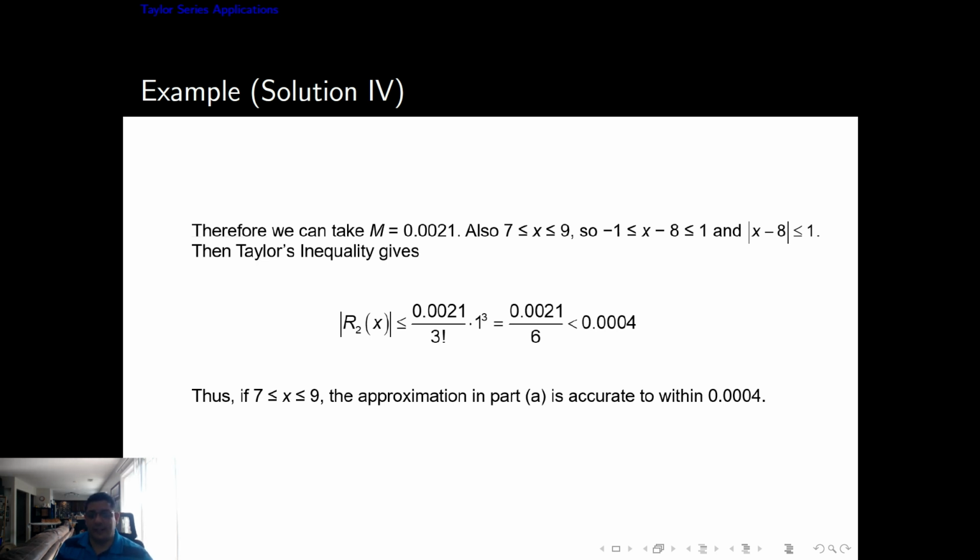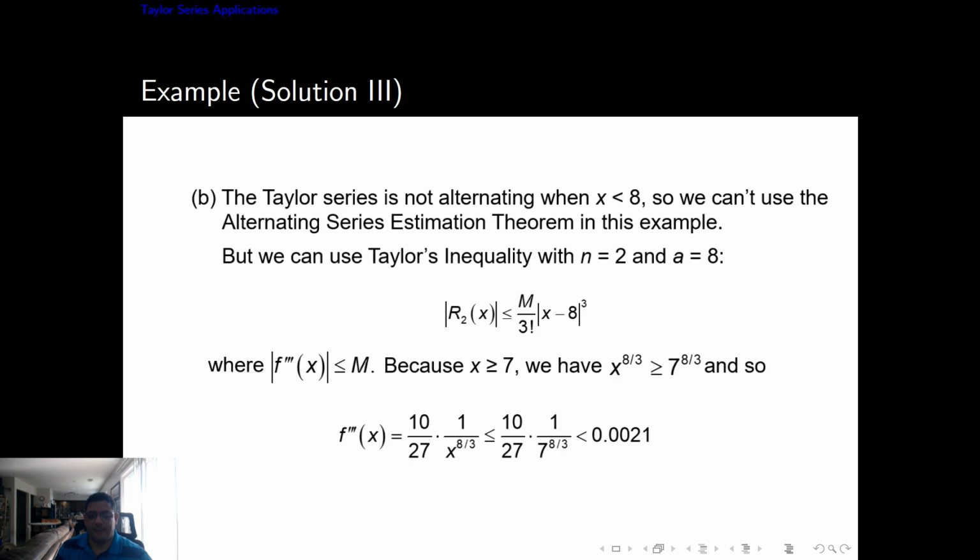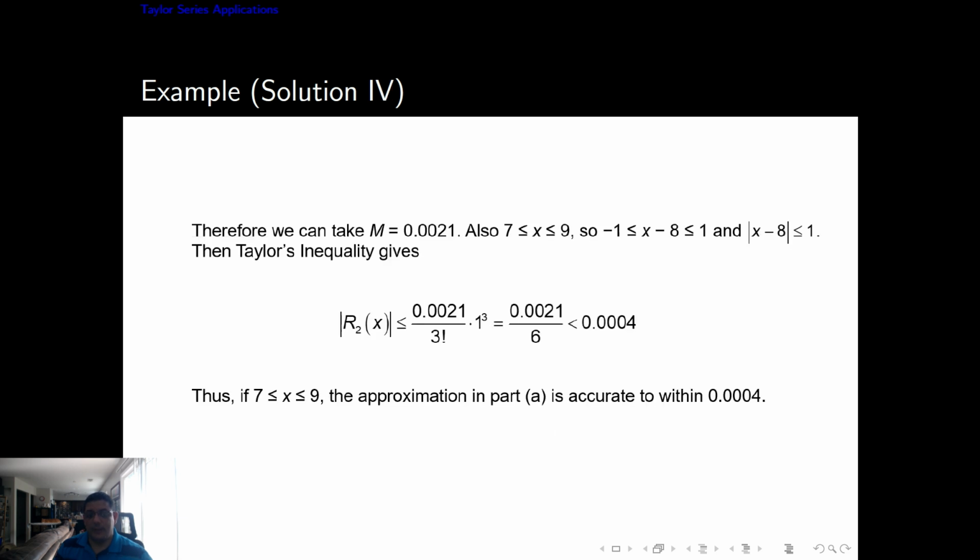And so the Taylor inequality here for the residual is going to be less than 0.0021 over 3 factorial times 1 cubed, because remember, x minus 8 is raised to the cube on this inequality that we're using for the error. So now this is going to be equal to 0.0021 over 6, which is less than 0.004.